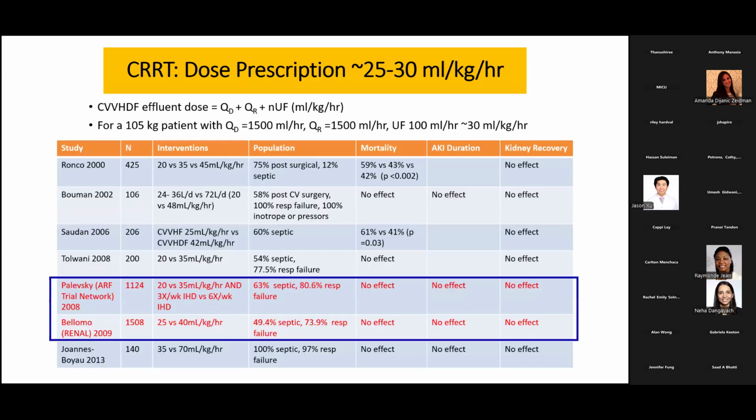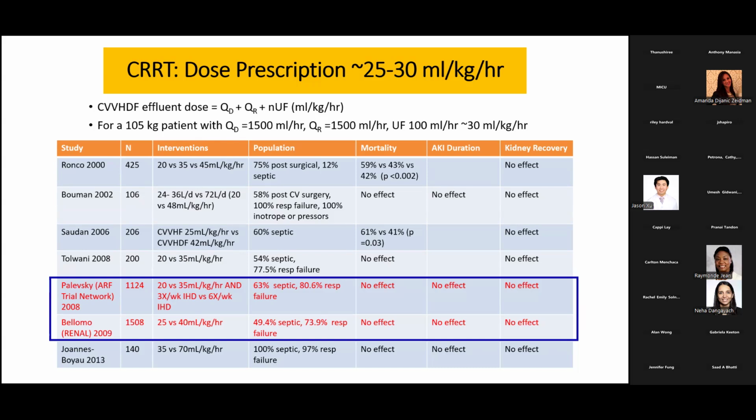This evidence comes from two clinical trials, the ATN trial and the RENAL trial that we discussed post-hoc analysis earlier, comparing a dose between 20-25 and doses 35-40, showing that higher doses on average throughout the period of CRRT did not have any impact on mortality, AKI duration or kidney recovery. Therefore, the practice was adopted to have an average dose of 25-30 mLs per kg per hour.